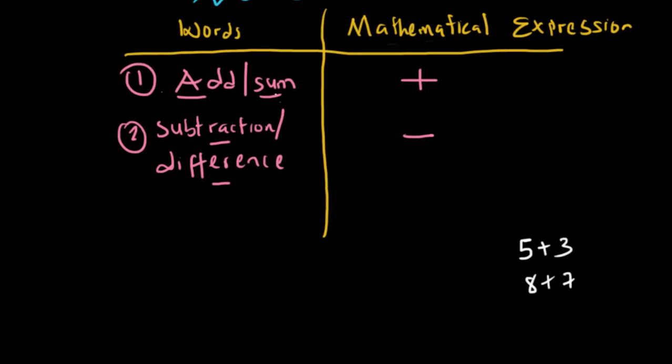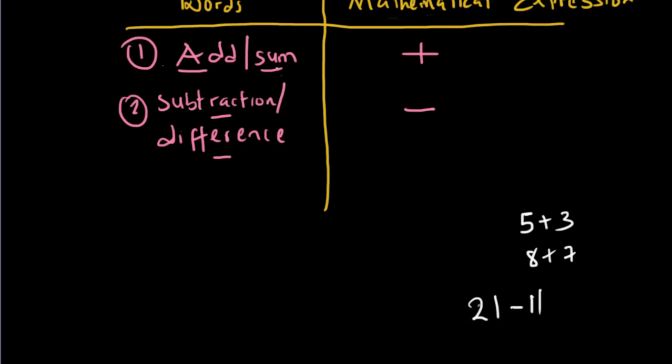If I say find the difference between 21 and 11, the bigger number will come first. So I'm having 21 minus 11. If I say what's the difference between 5 and 15, the bigger number, 15 minus 5, will come first.